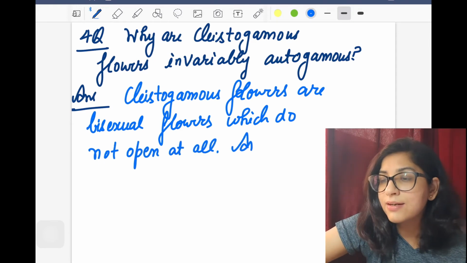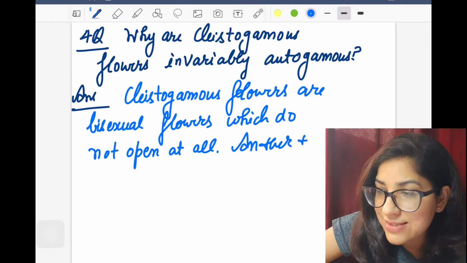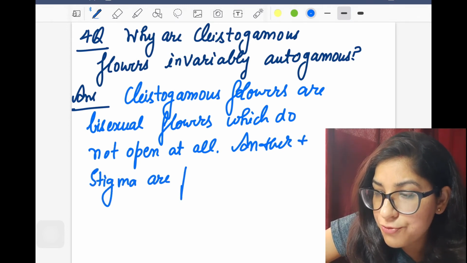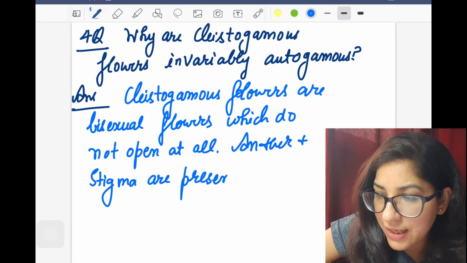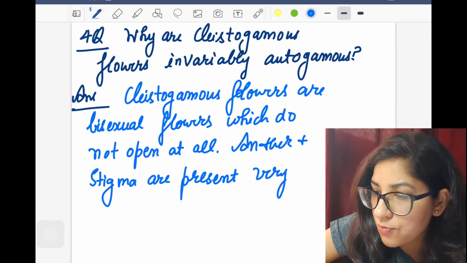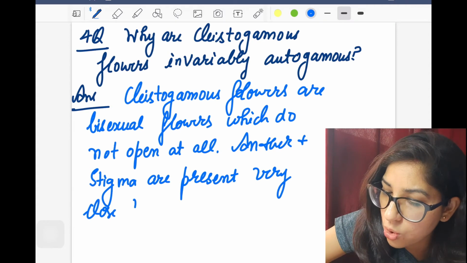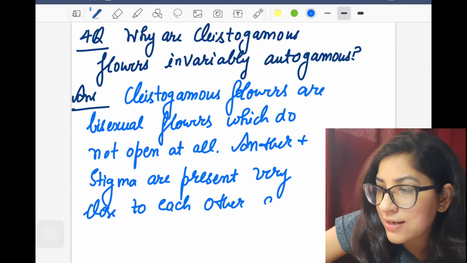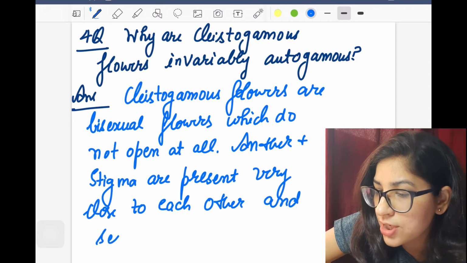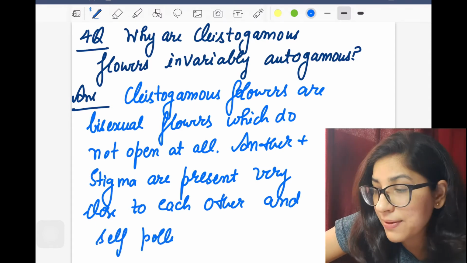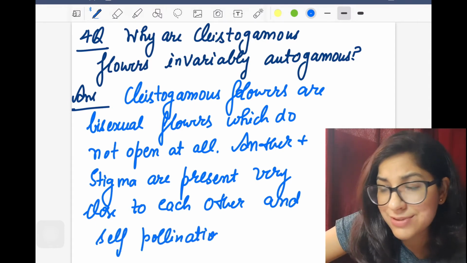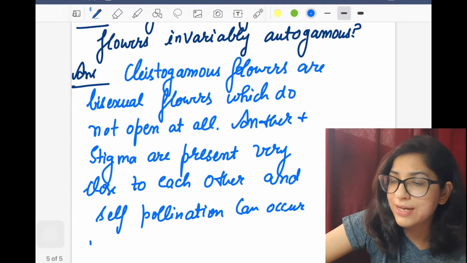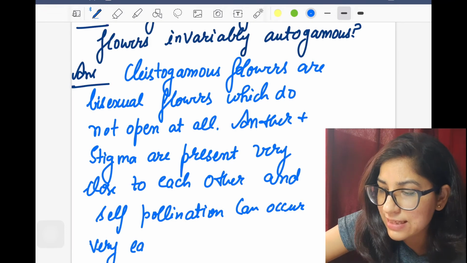So anther as well as stigma are present very close to each other, always, and self-pollination can occur very easily, right?